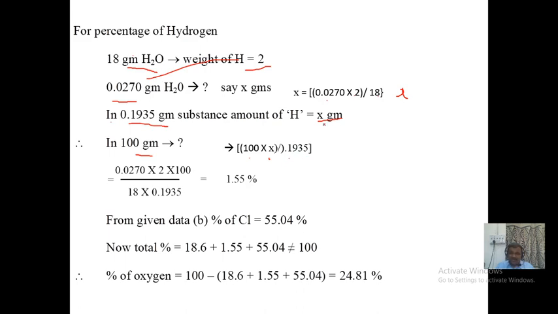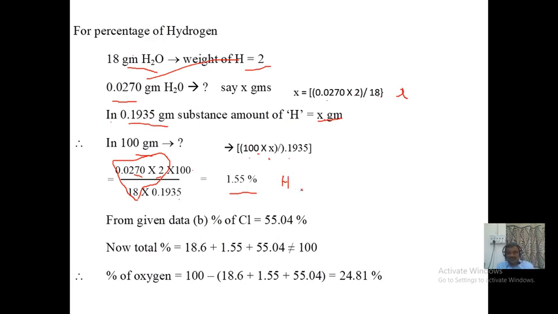Substitute these values for x. The x is 0.0270 multiplied by 2, divided by 18. So, this part is your x, friends. And then you multiply by 100, this is 100 divided by the weight of sample 0.1935, and if you solve, this gives me 1.55 percentage of hydrogen.